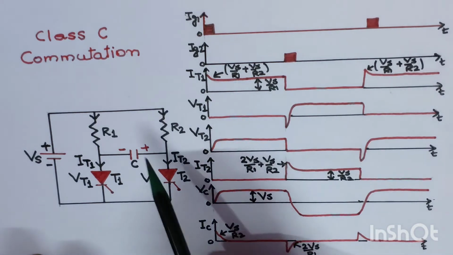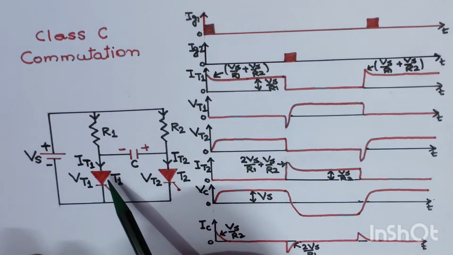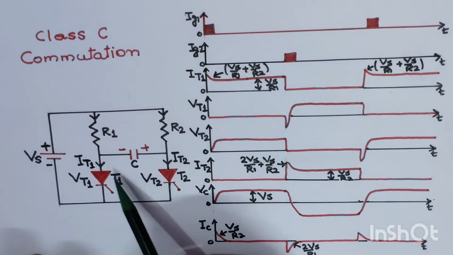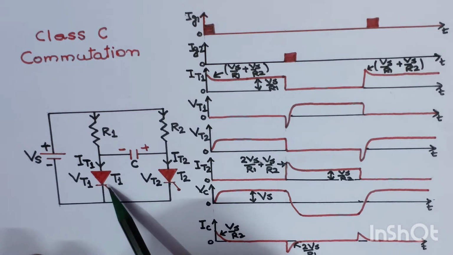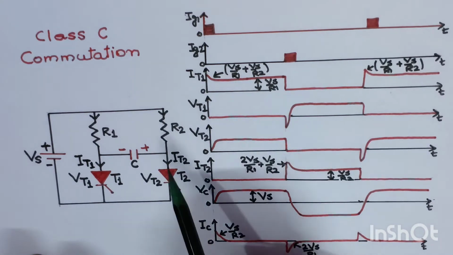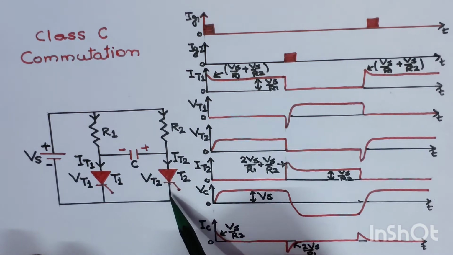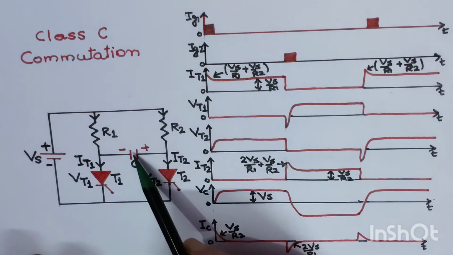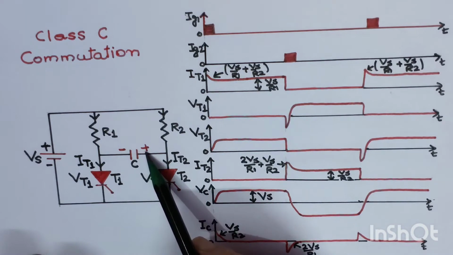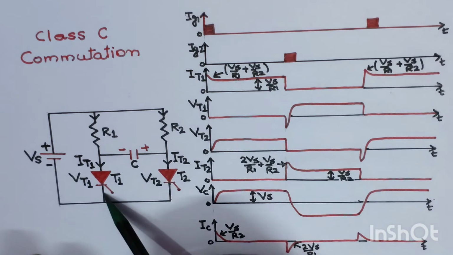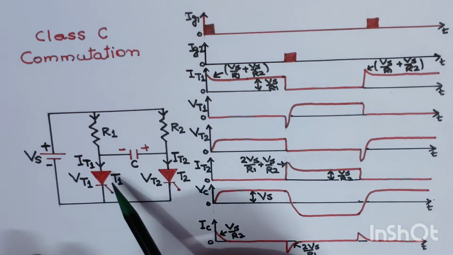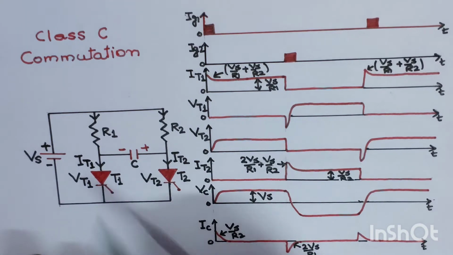But we are considering only how to apply a reverse polarity across the thyristor T1 to get it switched off. So once thyristor T2 is fired or given a trigger pulse, the positive polarity across the capacitor will be connected across the cathode of the thyristor T1 and the thyristor T1 will be switched off.